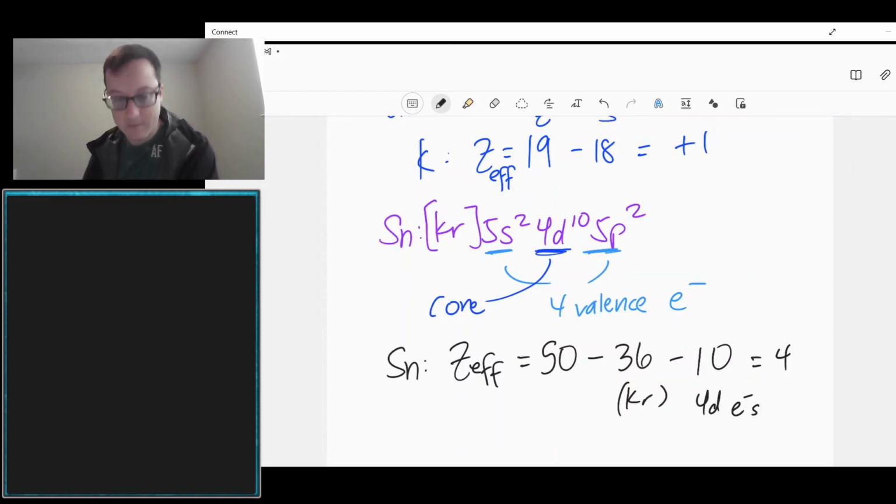And we get 4. So in fact, the effective nuclear charge is essentially approximately equal to the number of valence electrons. So tin has 4 valence electrons. All the electrons in the 5th shell for tin are valence electrons. And we're going to see that tin's effective nuclear charge is roughly 4.